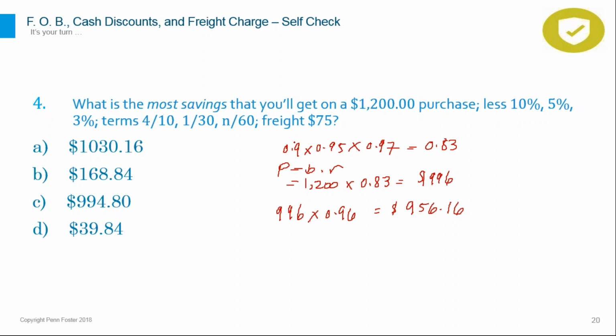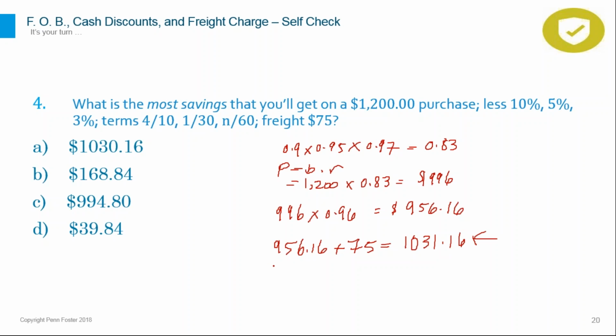discounts. Now, we have to add the freight charge to the selling price. So 956.16 plus 75 equals the end selling price, which is $1,031.16. This is not what the question is asking. It's asking the most savings.